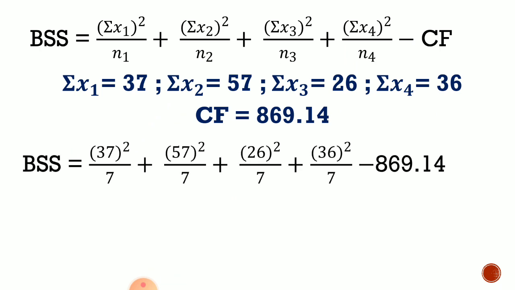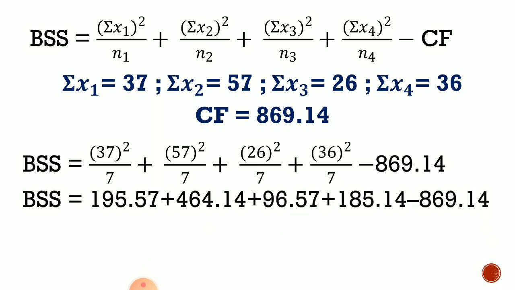So substitute these values into the formula. So that is now 37 squared divided by 7 plus 57 squared divided by 7 plus 26 squared divided by 7 plus 36 squared divided by 7 minus 869.14. So simplify further. That is 195.57 plus 464.14 plus 96.57 plus 185.14 minus 869.14.